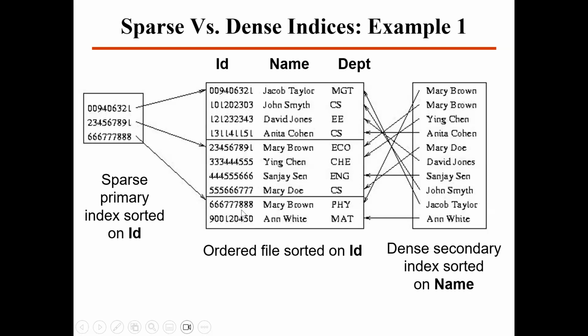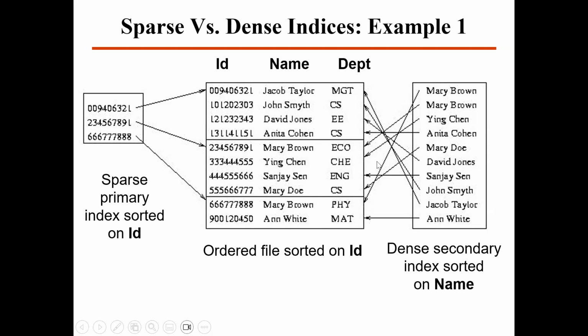The other way is that we make one more index on the names. And you know, the names can be repeated. For example, we have a Mary Brown with a different ID, and one more Mary Brown with a different ID. Now, if we make a second index on the name field, it is going to repeat. So each entry in the secondary index made on sorted names is going to connect to every record in the data file.